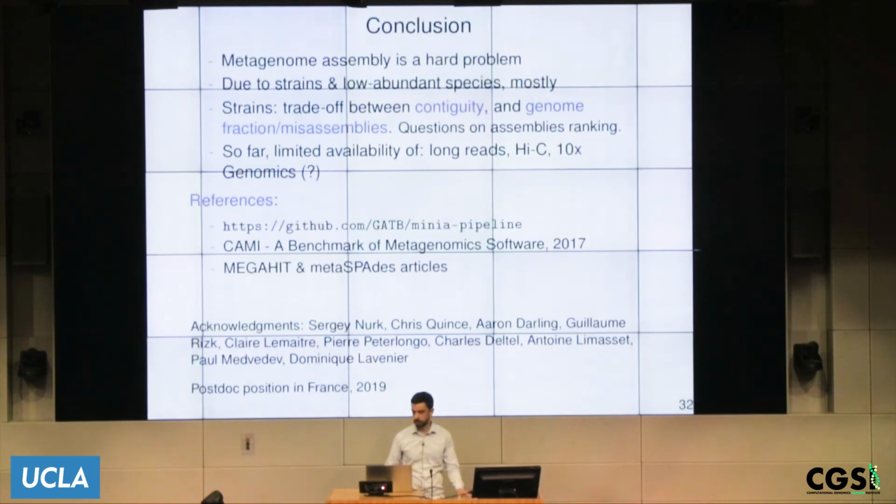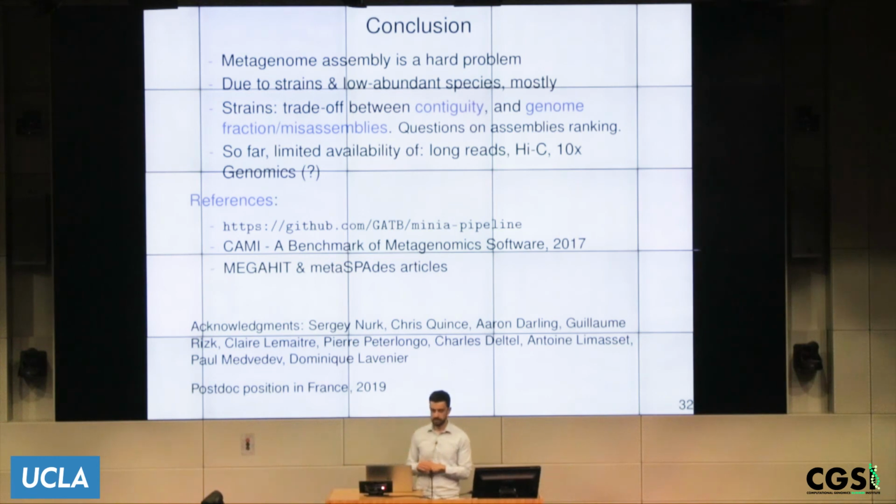All right, so I'll wrap up here. By the way, the slides will be available on my Twitter account in a few minutes. What I wanted to convey was that metagenome assembly is a difficult problem, and also evaluating genome assembly is difficult, with multiple metrics. The problem is difficult due to the presence of strains and low abundant species, mostly. And it's possible to have a trade-off between contiguity and genome fraction in these assemblies, but it's hard to have a high contiguity and also keep a lot of the genomes in the data set.